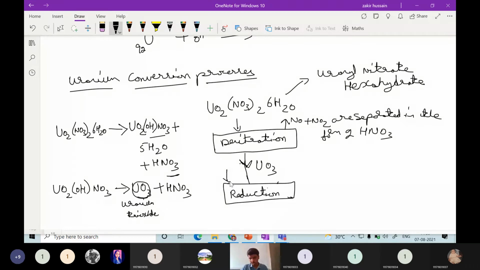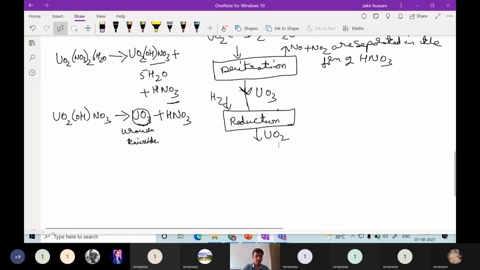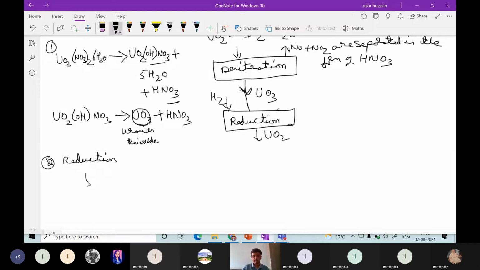So we have to add hydrogen to the UO3, and the product formed is UO2. The first reaction is denitration, and the second is the reduction reaction. UO3 will be converted to UO2 plus half O2.